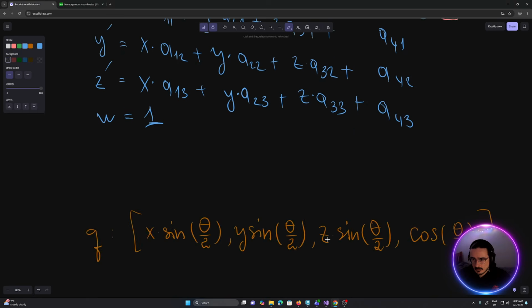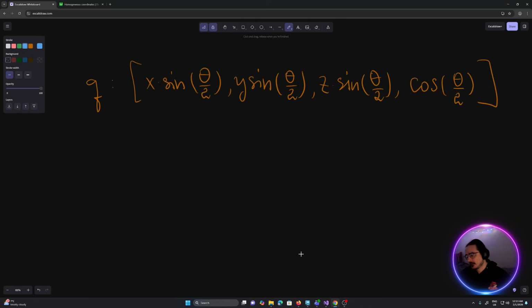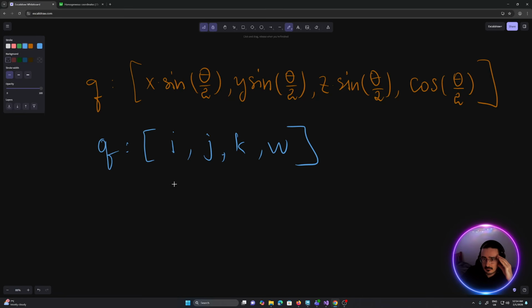And now I would like to explain how axis angle to quaternion works. So our quaternion is basically I, J, K, and W floating point components, numbers, just like the vector.